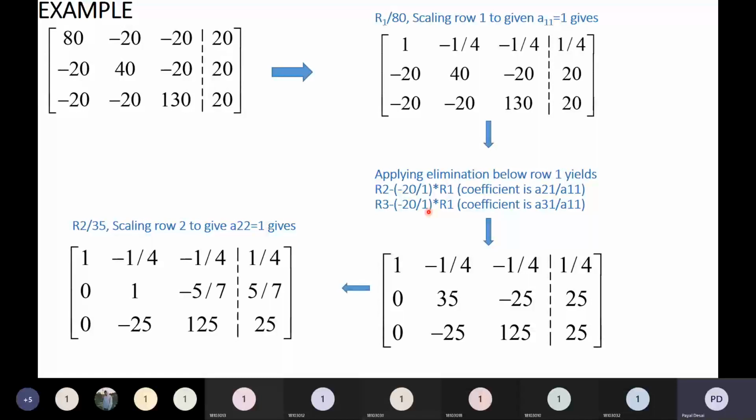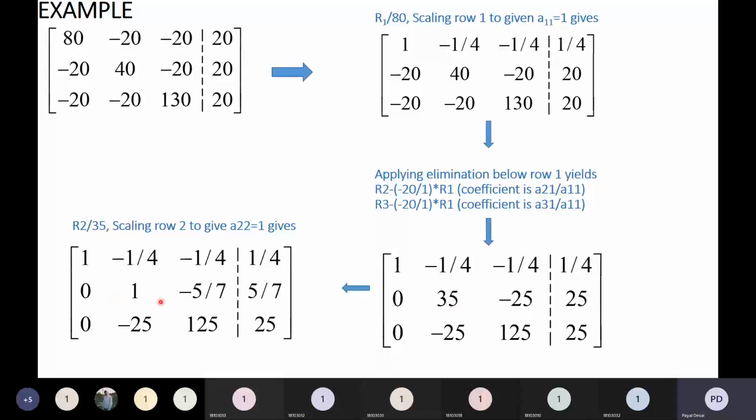Now when you go further, what we want to do is scale. So first, scaling and Gauss elimination: first focus on the first column and get rid of it. You make this element unity and eliminate these two members. Second, you make this element unity, that is, you scale this element, so divide the entire row by 35.